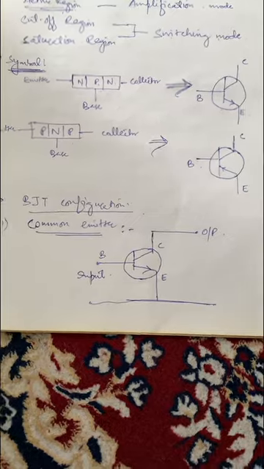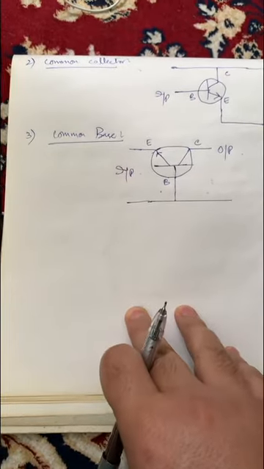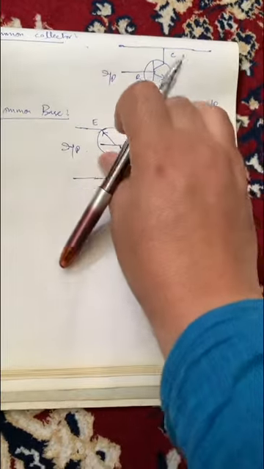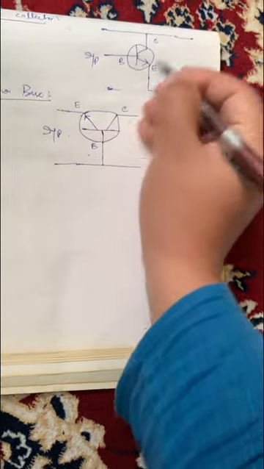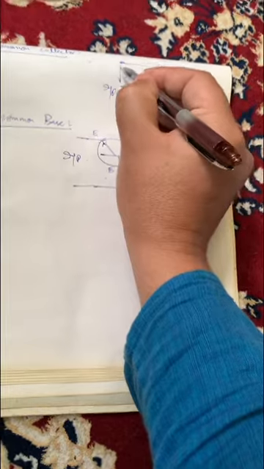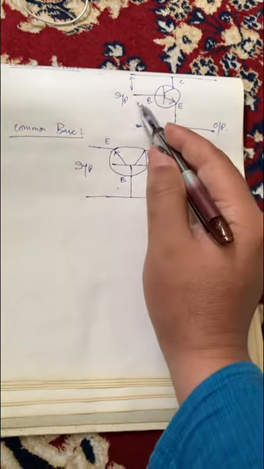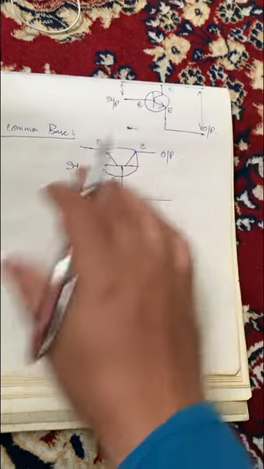Okay. Similarly, in case of common collector configuration, the collector terminal is common between the input and the output side.